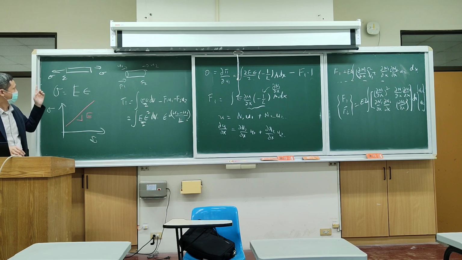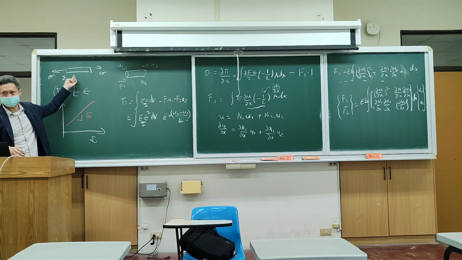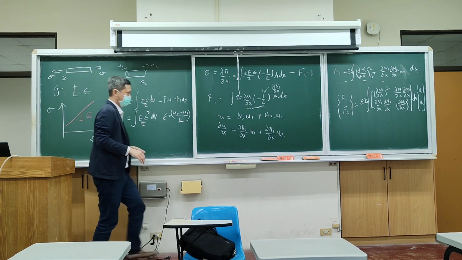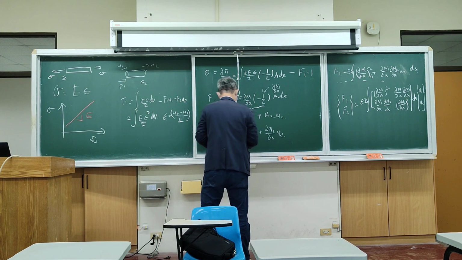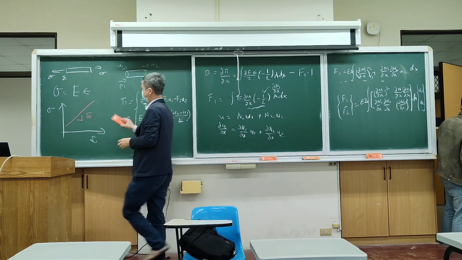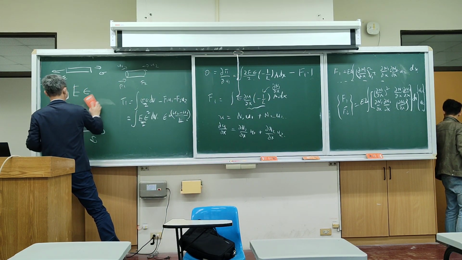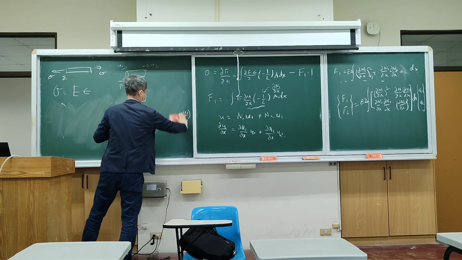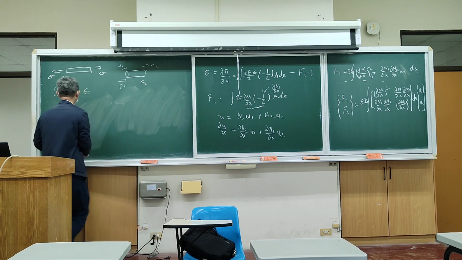But how do you jump from a rod to a 2D plane? From the rod to the 2D plane, the difference comes from the constitutive equation. Okay, we're going to replace one by one.